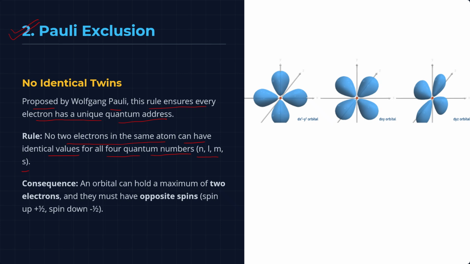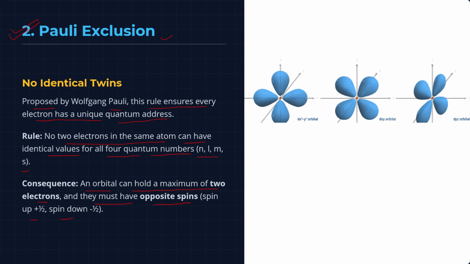And from here, just remember one thing, that according to this principle, an orbital can hold a maximum of 2 electrons, and they must be of opposite spins, that is spin up and spin down. That may be shown by plus half and minus half.